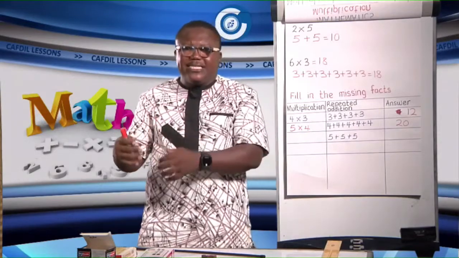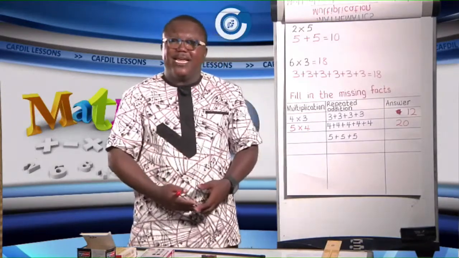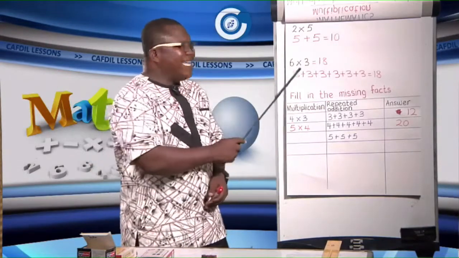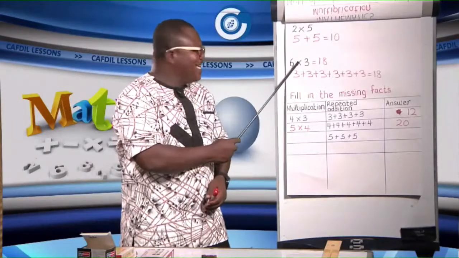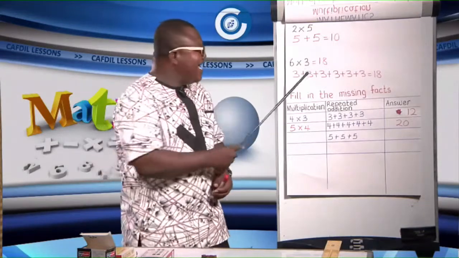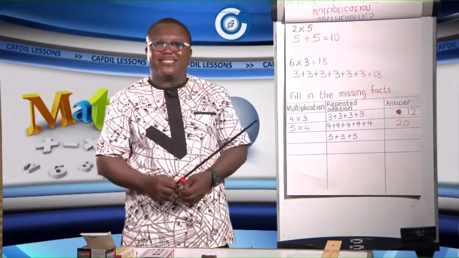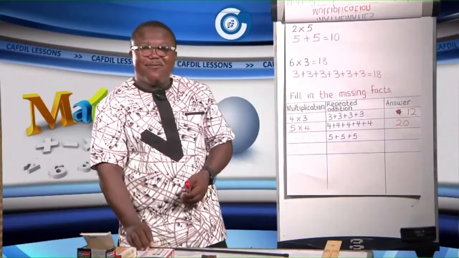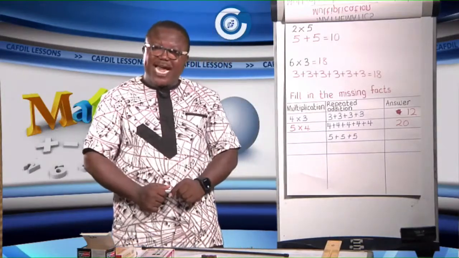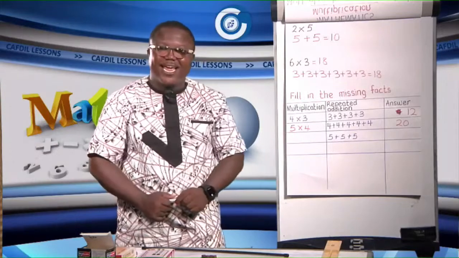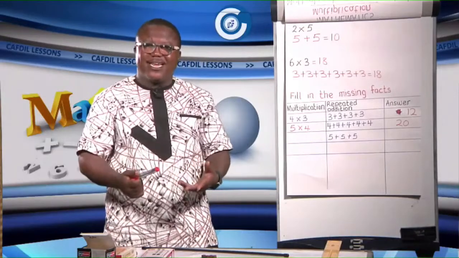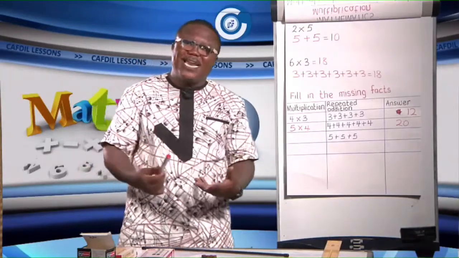You can repeat the addition to get your answer. And here the answer, we call it the product. The numbers are the factors. The first number, the second number, these are called the factors. And the answer that you get is what? The product. So don't let them use words to confuse you, that find the product of 3 times 6 or 6 times 3. They are the same. They want you to find out the answer.